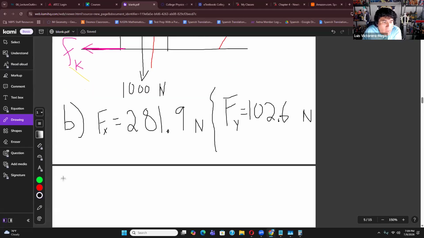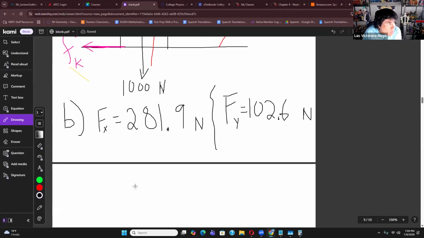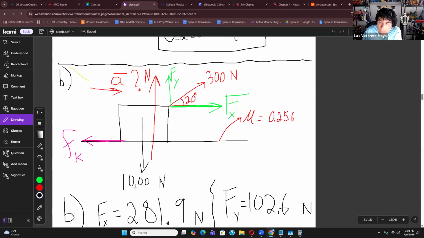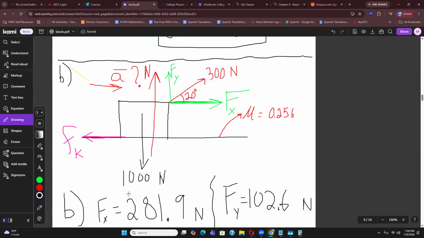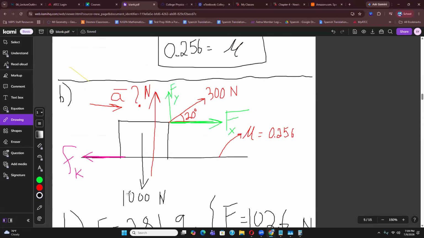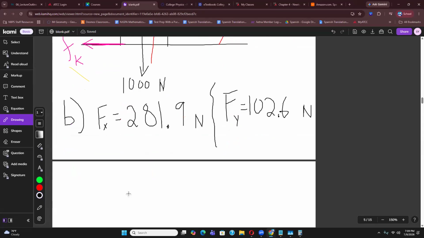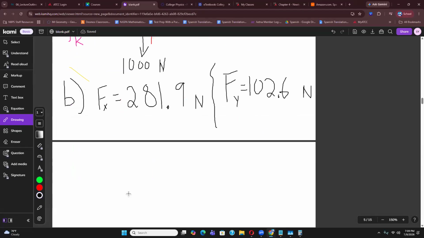Okay, so how do you find the normal now? So we add the weight plus Fx plus Fy. So what will be your equation to find the normal? It'd be 1,000 plus 102.6 plus 281.9.